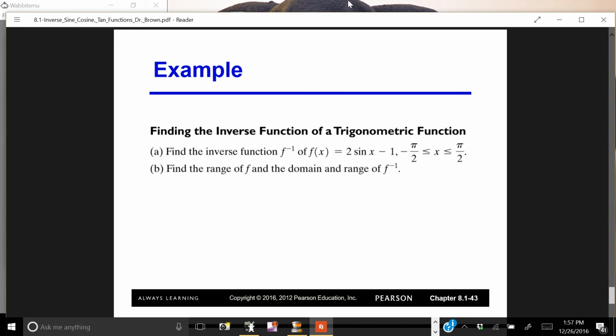Okay, let's look at the function here, f of x equal 2 sine of x minus 1. And notice they've restricted x to be between minus pi over 2 and plus pi over 2. They restricted that because otherwise the function would not have an inverse function.